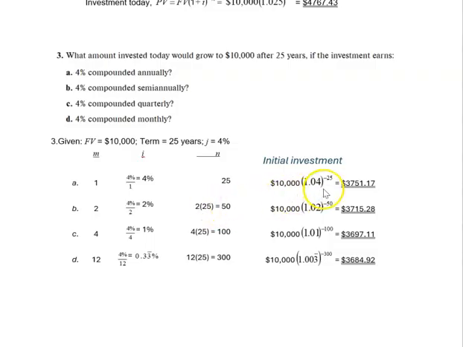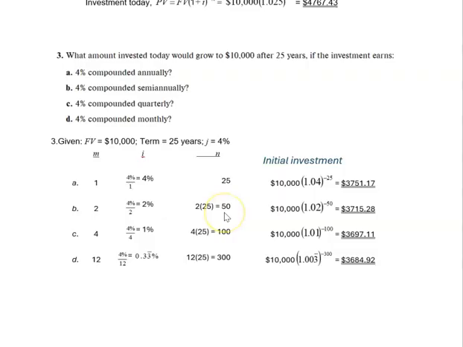Okay, so for your initial investment, we have your 1.04 because it's being done annually, and it's to negative 25, and therefore your solution is going to be 3751.17.